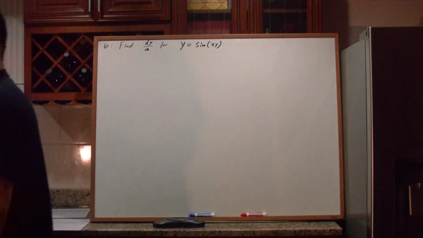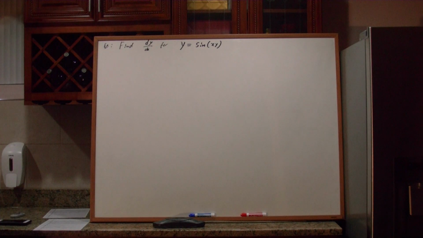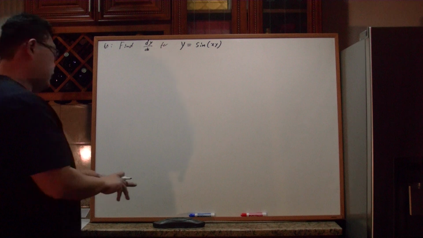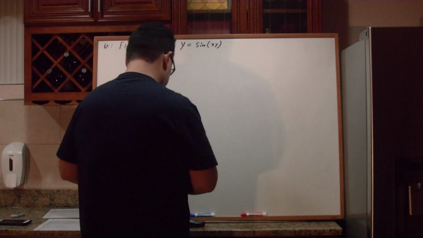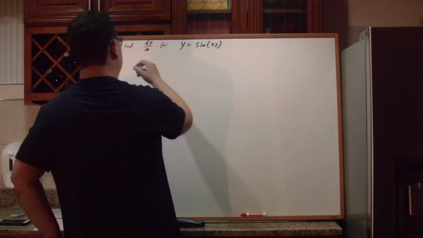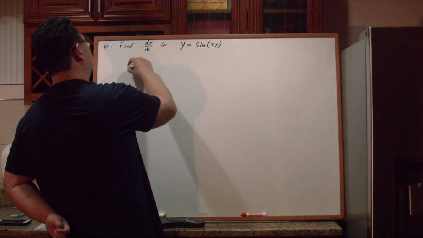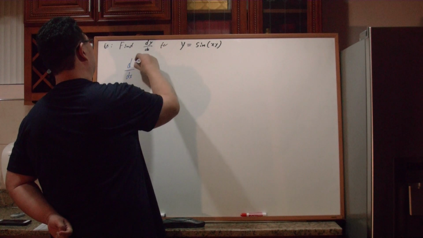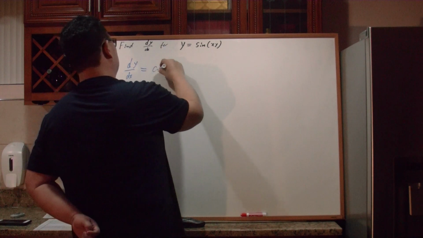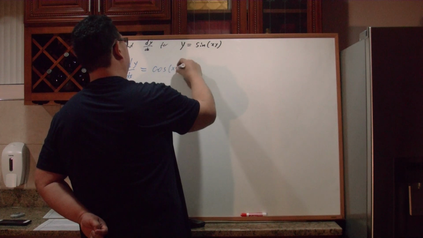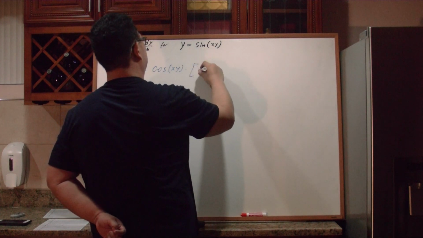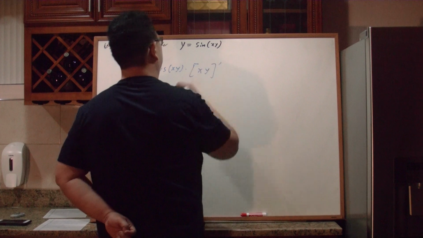For the implicit expression y equals sine xy, we're able to find the derivative. The derivative of y with respect to x is cosine of xy multiplied by the derivative of xy.